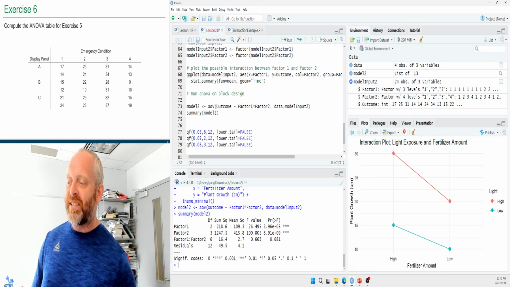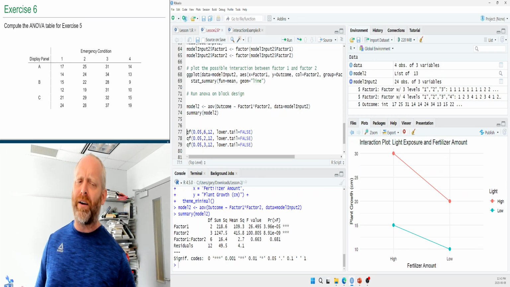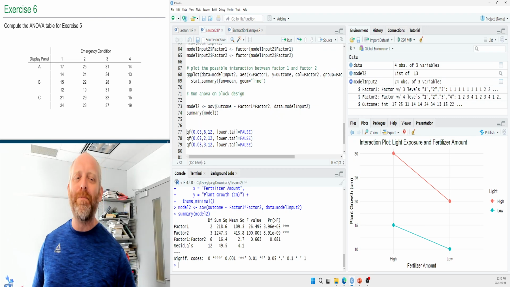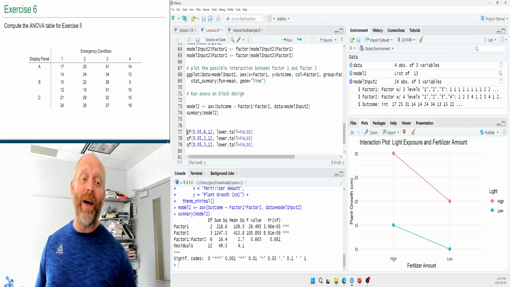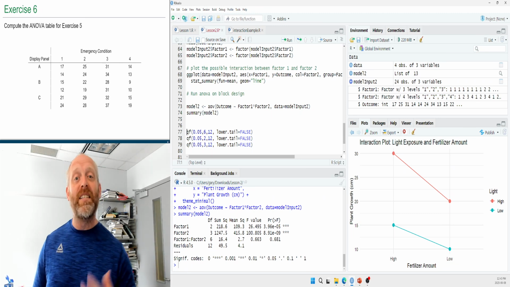So 26, that could be fairly big. 100, that's definitely big. For my interaction, factor 1 colon factor 2, 0.663, very close to 1. Chances are I'm going to fail to reject the null hypothesis on that one and say that there is no interaction, which we kind of already got based upon the graph.